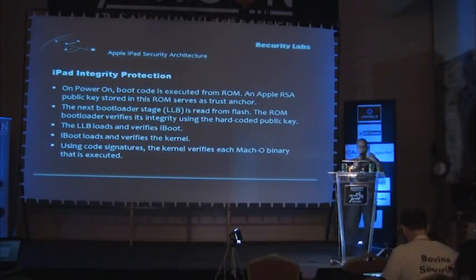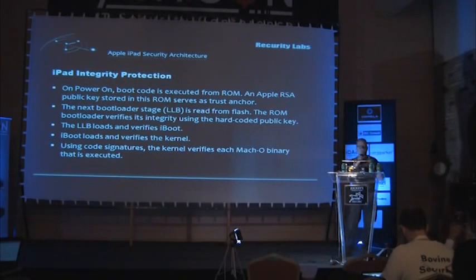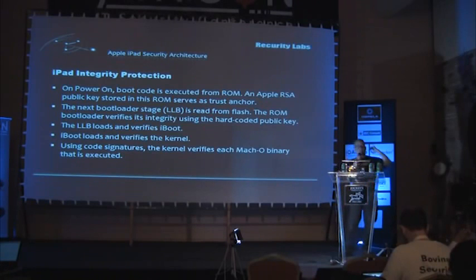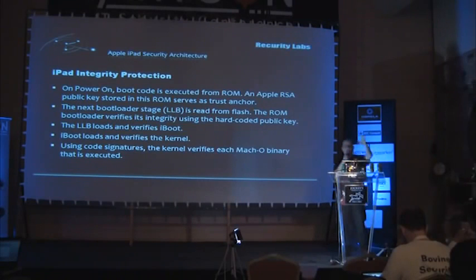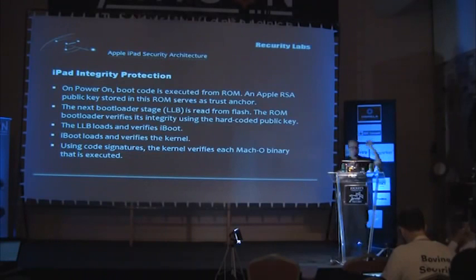They have an integrity protection mechanism. This is common on those client platforms. This is also common for mobile phones, that you have an integrity protection chain, meaning that on power on, there is some initial trust anchor, and from this initial trust anchor, the next stage is validated, and then the next stage is started, and then the next stage validates the third stage, and so on and so on. They're doing this as well.